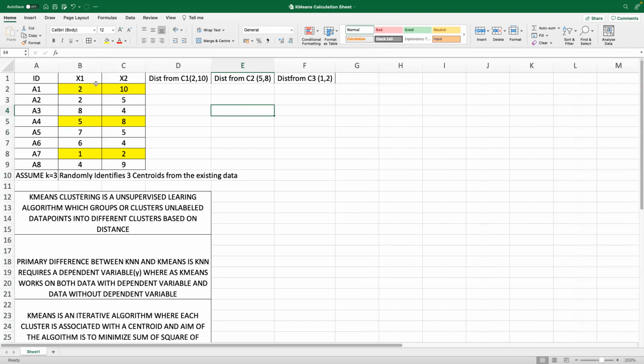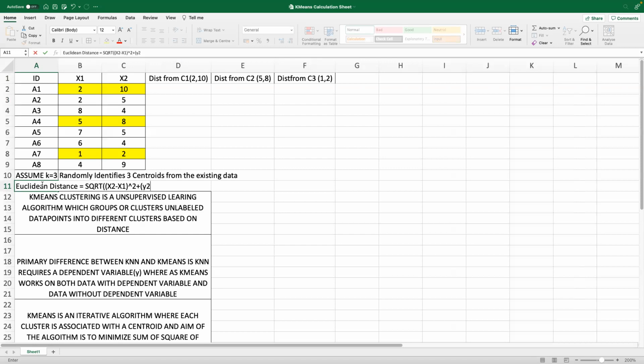And it uses Euclidean distance. We will use Euclidean distance here. What is the formula for Euclidean distance? Square root of (x2 minus x1) whole square plus (y2 minus y1) whole square, close bracket.